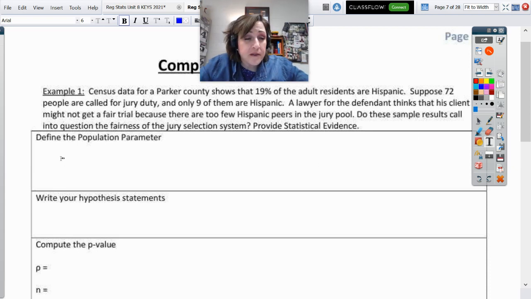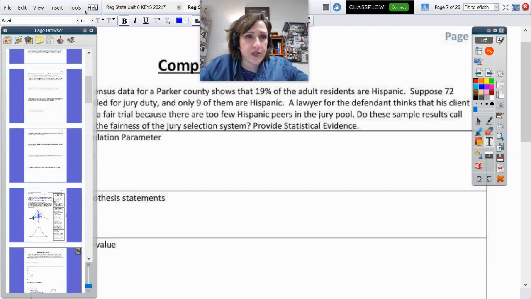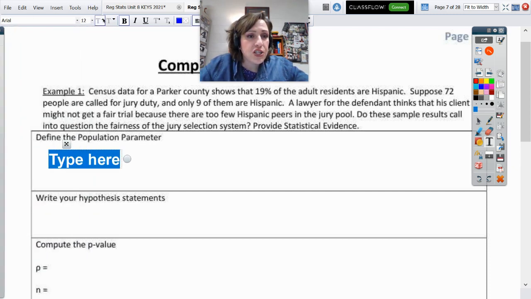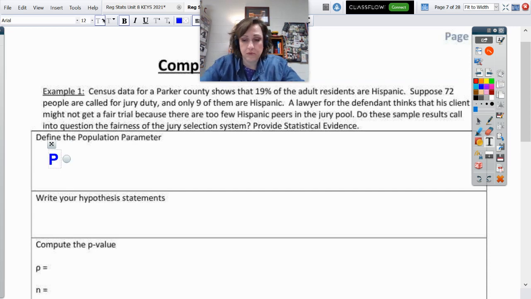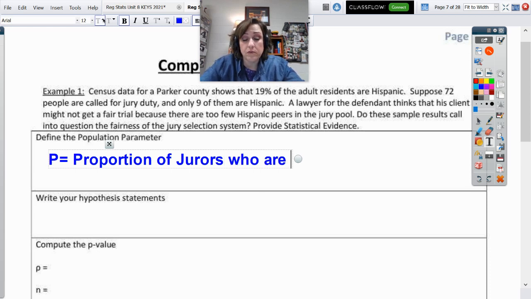So what we're trying to figure out is this. Let's define our parameter first: mean or proportion. Well, I can tell you from here on out, we're going to be doing proportions for a while. So we've got a proportion. So here we go. P equals the proportion of jurors, ones who are called in to be on the jury, who are Hispanic.